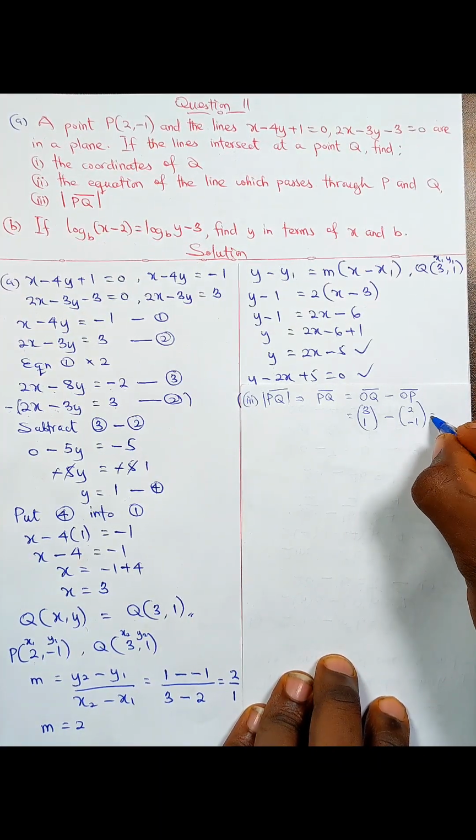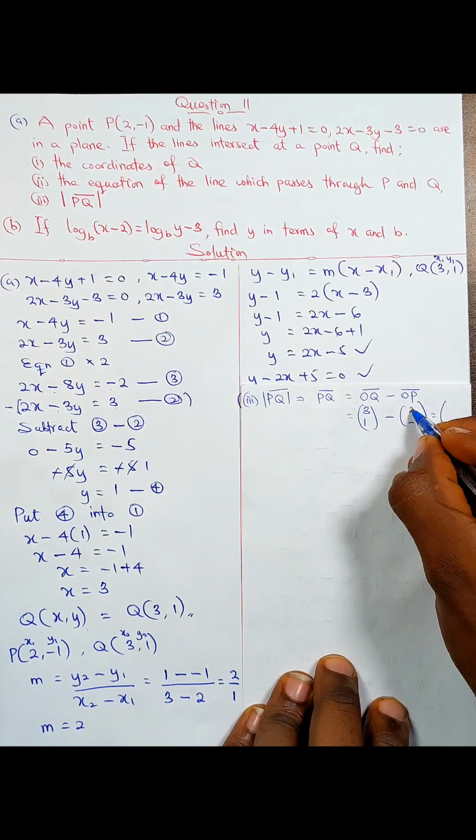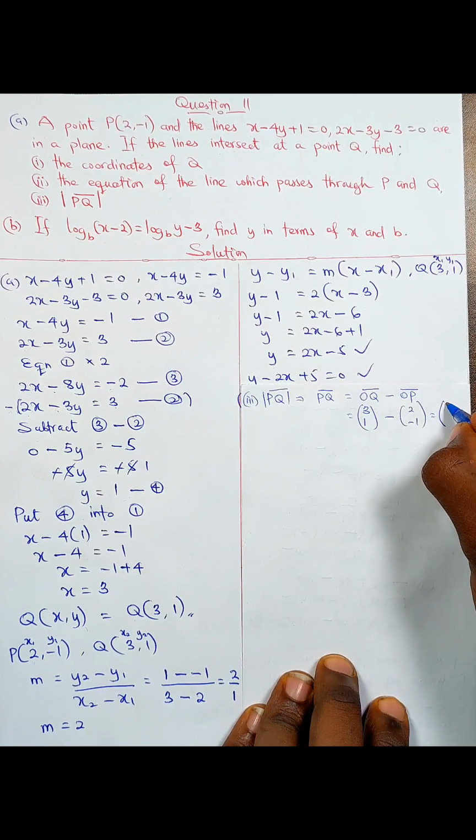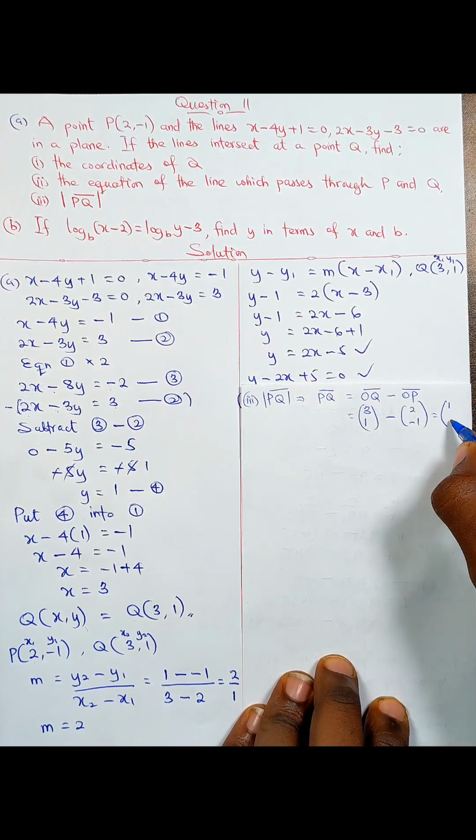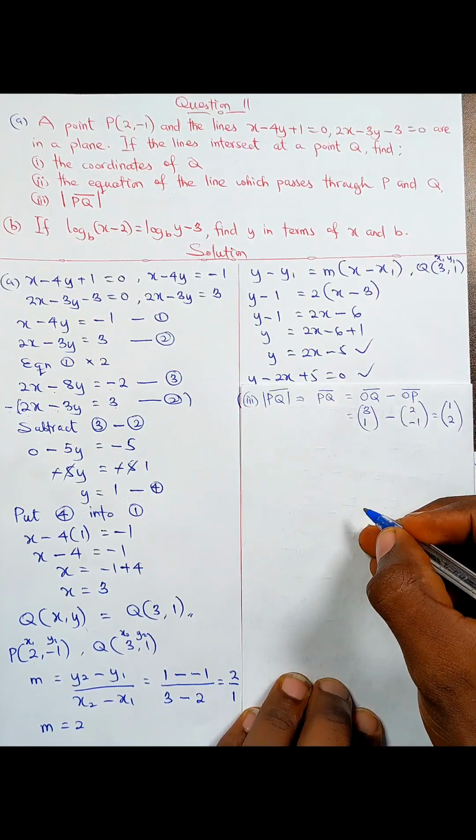This is going to give us 3 minus 2, giving us 1, and 1 minus minus 1, giving us 2.